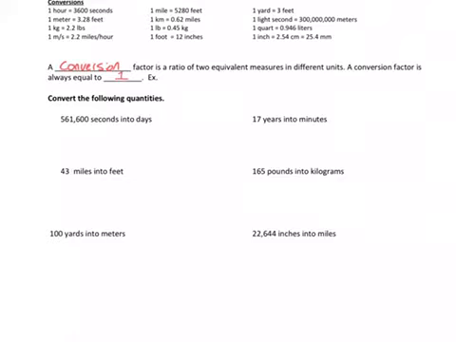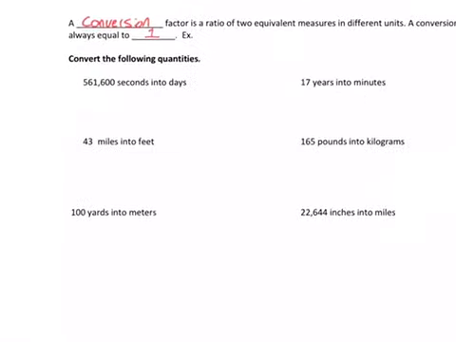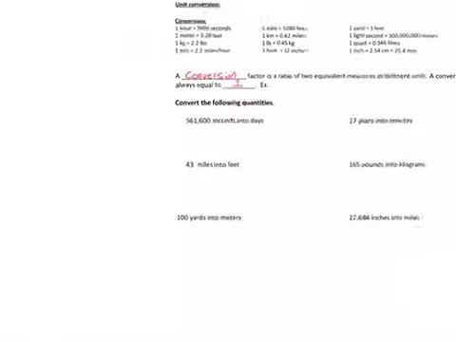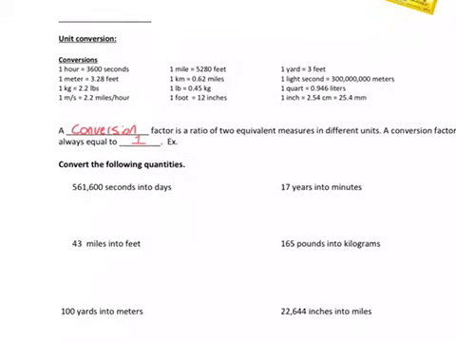Okay, so for 100 yards into meters. This may take a couple of steps, because looking at the chart, I'm not seeing yards to meters going straight across. What I see is yards and feet, and then feet and meters, so I might need to use both of these.